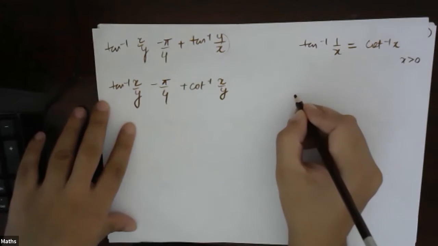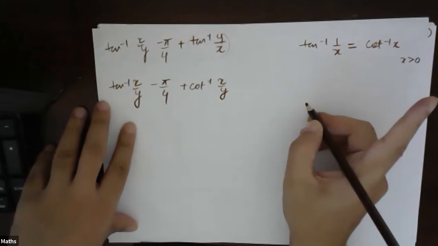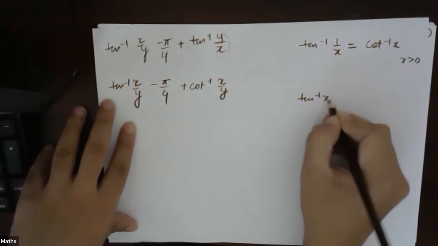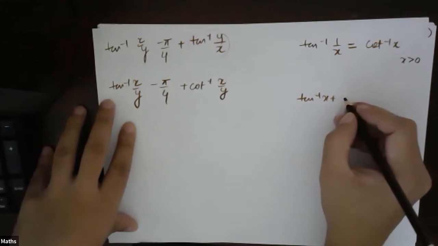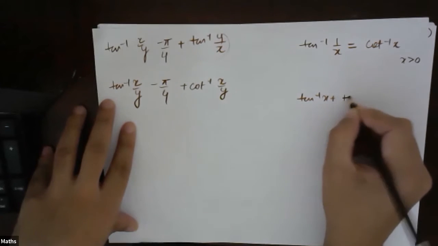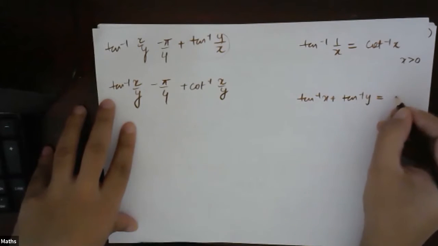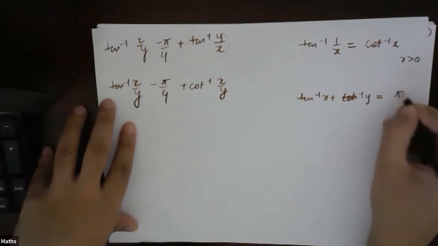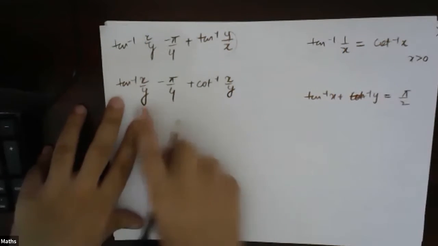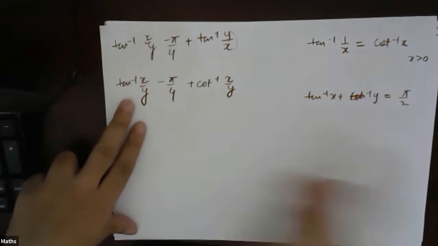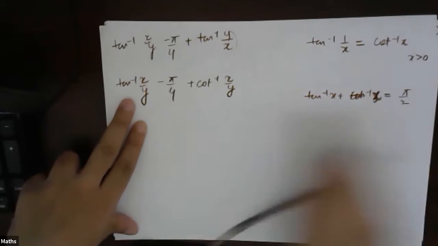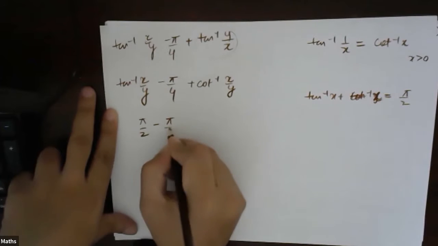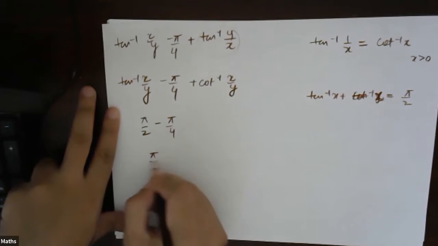And we have a property on summation of tan inverse of x plus cot inverse of x, which is equal to pi by 2. So this will simply become pi by 2 minus pi by 4, which is pi by 4.